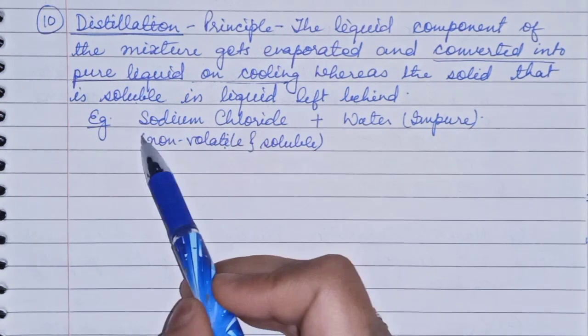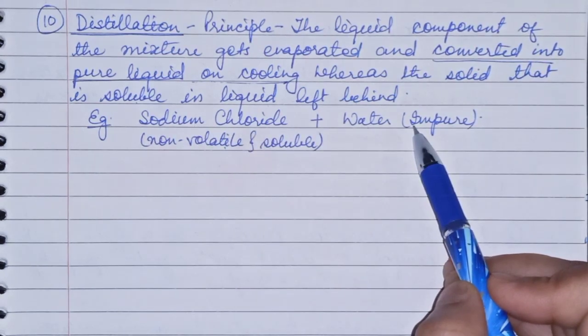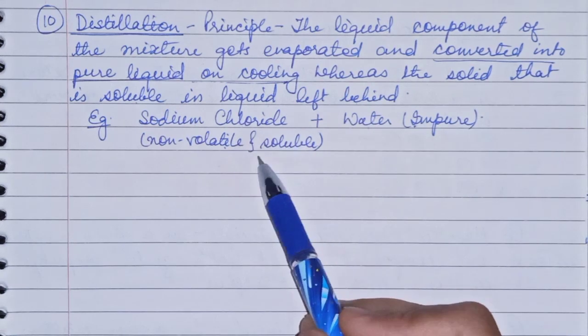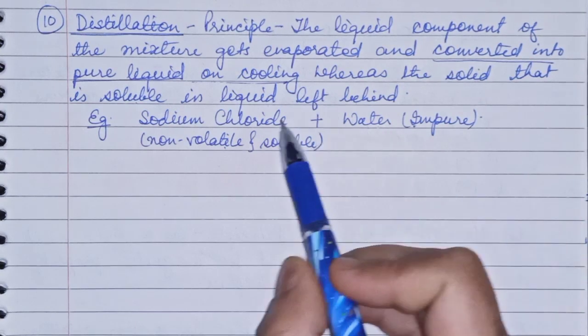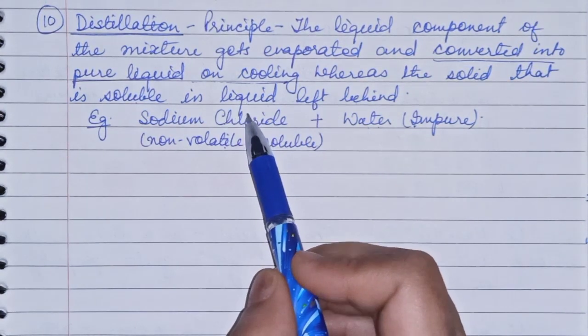We will take the example of sodium chloride and water, which is also not pure. When these two are mixed together and we do distillation, we will get pure water, and sodium chloride will be left behind in that apparatus.